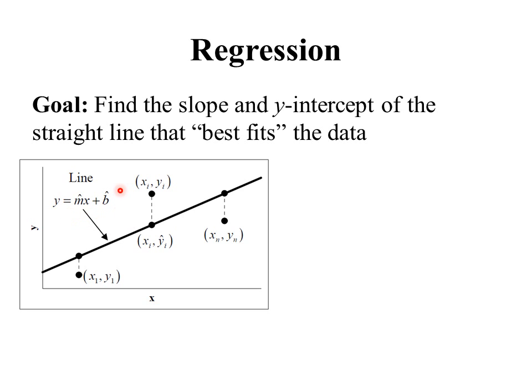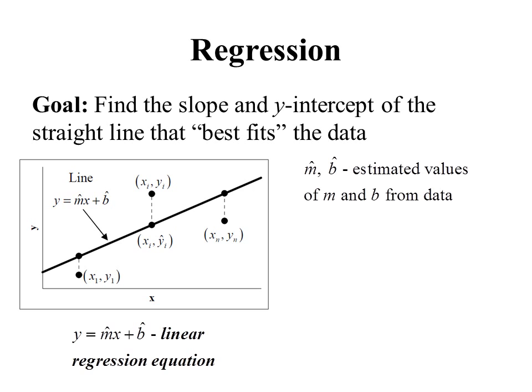And this line has an equation that looks like this: y equals m hat x plus b hat. That equation is going to go by several different names. One name is the linear regression equation. Now we might ask ourselves, what's significant about the hats on these letters? Well, the m hat and the b hat are estimated values of m and b from our data.